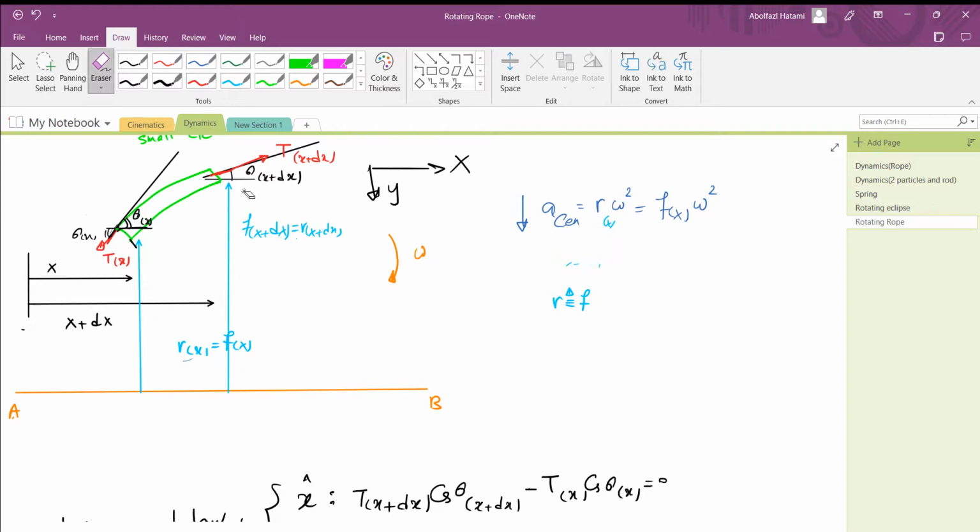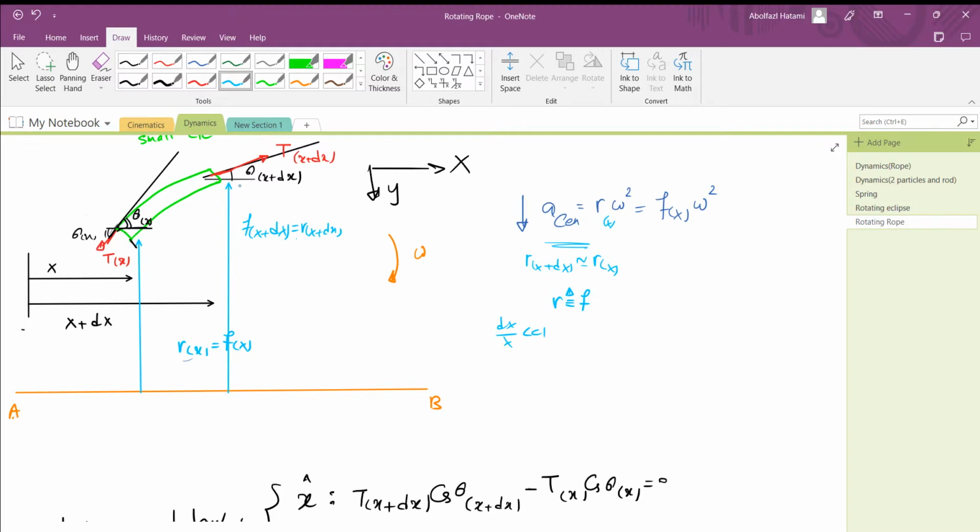Because r of x plus dx is similar to r of x, since dx is very small.